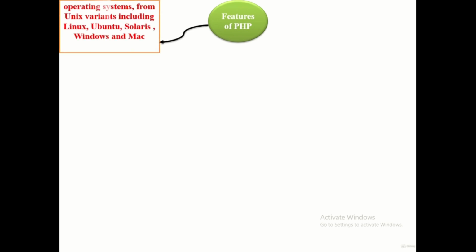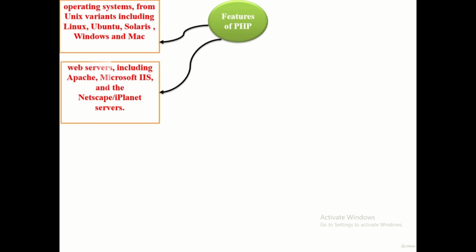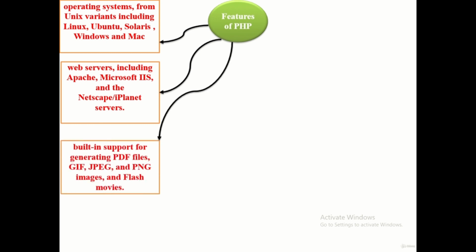Next, we have to understand the features of PHP. Number one, it runs on different operating systems: Unix, Linux, Ubuntu, Solaris, Windows and Mac. Second, it supports different web servers like Apache, Microsoft IIS, and Netscape and iPlanet servers. Third, it has inbuilt support for generating PDF files, GIF, JPG, PNG images, and Flash movies.